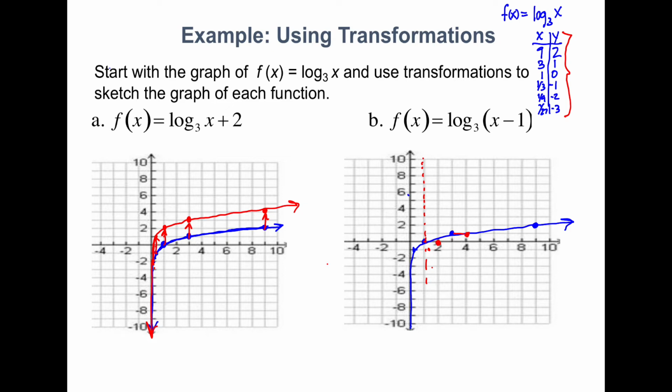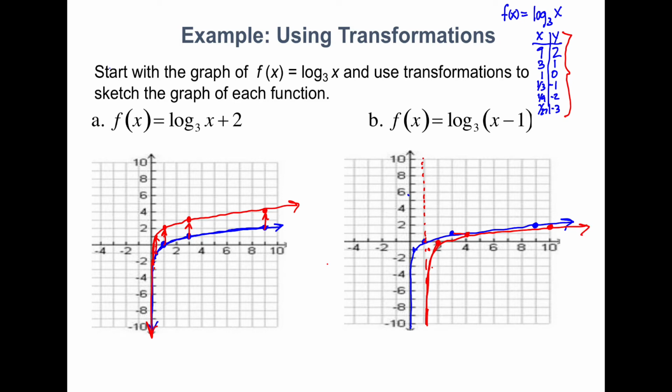And then instead of 9 giving me 2, now 10 is going to give me 2. All right, so that vertical asymptote is there, and there is my transformation.